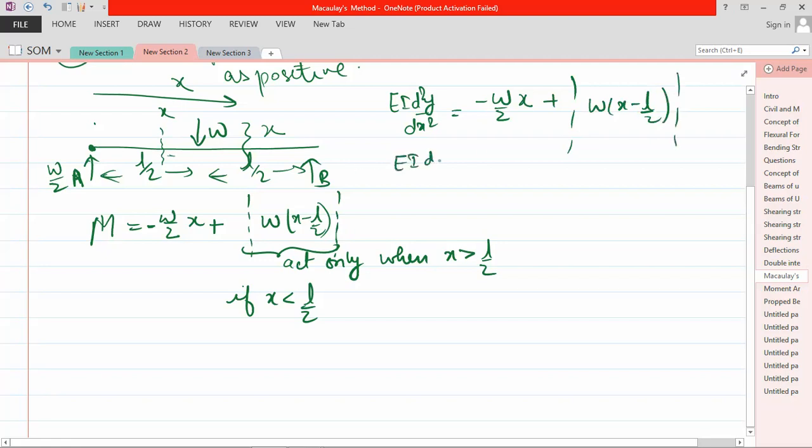EI dy by dx is equal to minus W by 2 into x square by 2, that is 4, plus W. Now integrate the whole bracket, this will not be an individual term, this will be integrated as a whole. So you can say this is x minus L by 2 whole square.